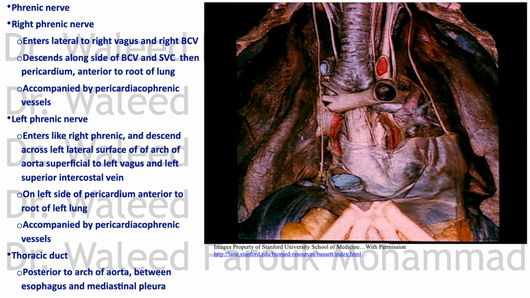Last thing to talk about in the superior mediastinum are the phrenic nerves. The right phrenic nerve, which is shown here, this is the right phrenic nerve, this is the right vagus. This is the left phrenic nerve, this is the left vagus.